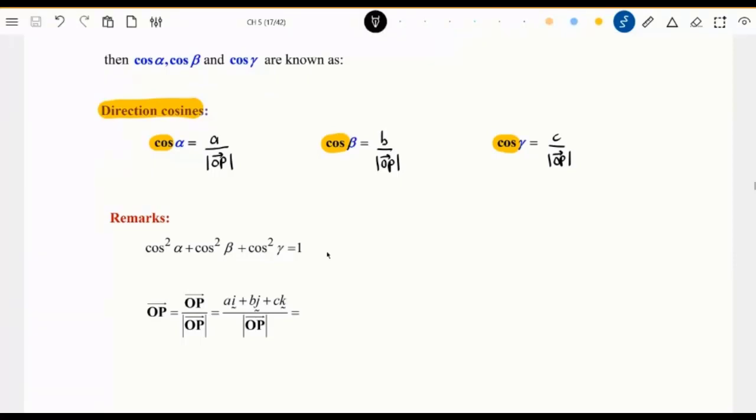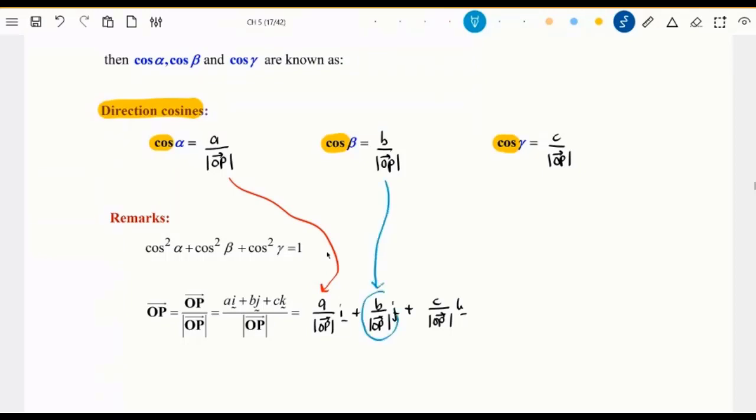So macam mana wujudnya cos alpha, cos beta, cos gamma ni, sebab dia datang daripada unit vector juga, which is kita pecahkan dia seperti ini: A over magnitude OP I, B over magnitude OP J, C over magnitude OP K. Itu datangnya kamu punya direction cosine.